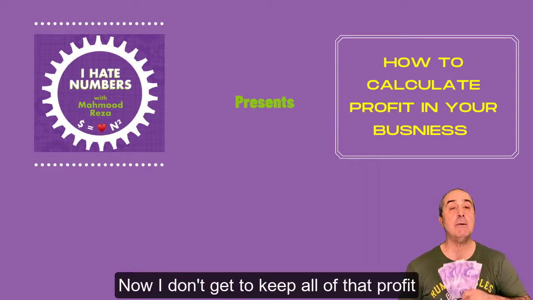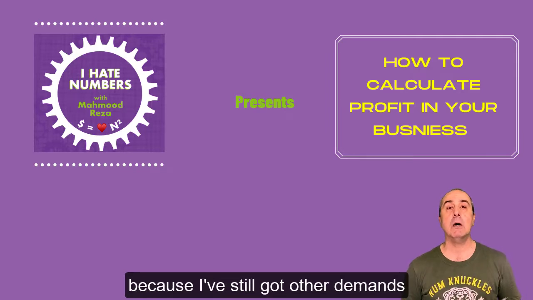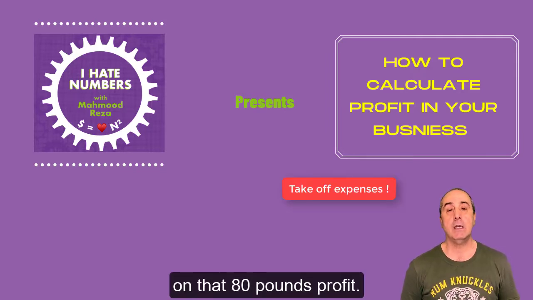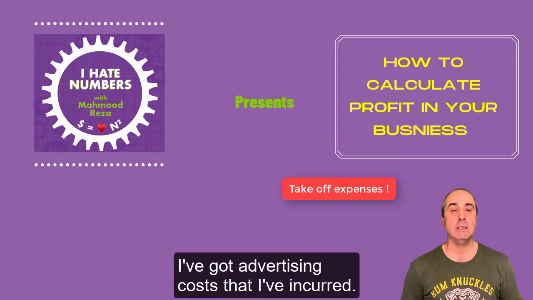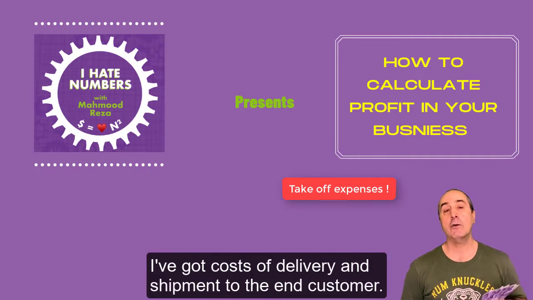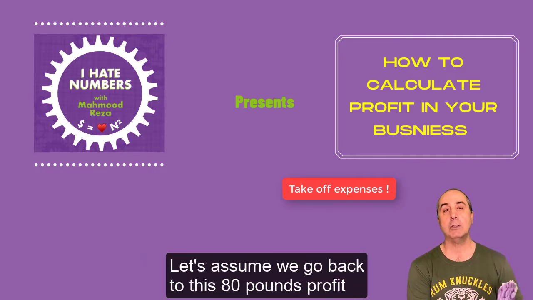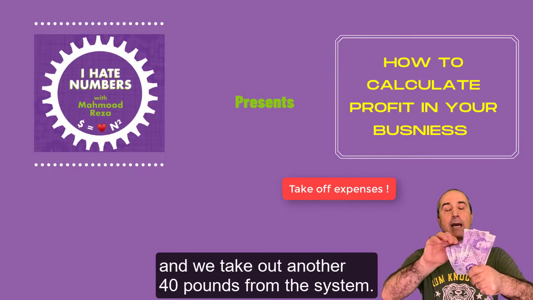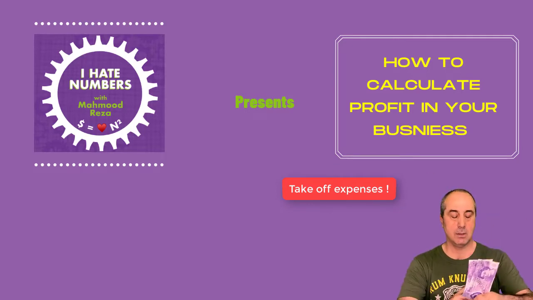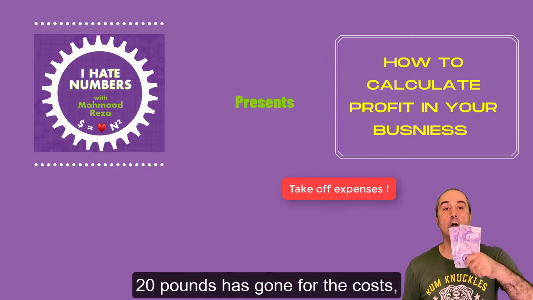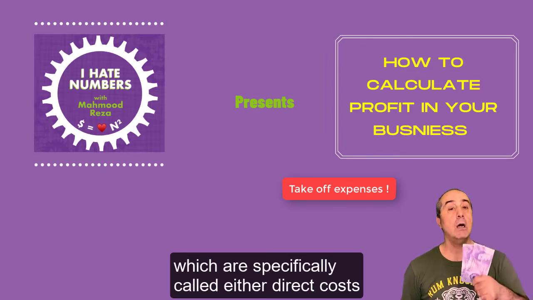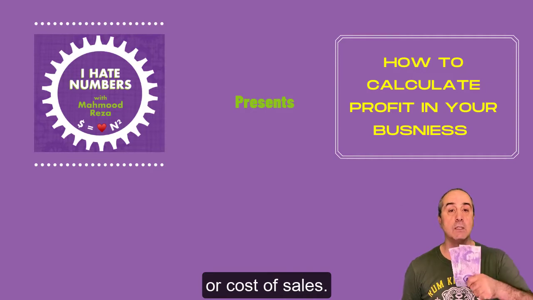Now I don't get to keep all of that profit because I've still got other demands on that £80 profit. So I've got freelancers that I've used, I've got advertising costs that I've incurred, I've got website costs, I've got cost of delivery and shipment to the end customer. And let's assume we go back to this £80 profit and we take out another £40 from the system. Now that means out of my turnover of 100, £20 has gone for the costs, which are specifically called either direct costs or cost of sales.